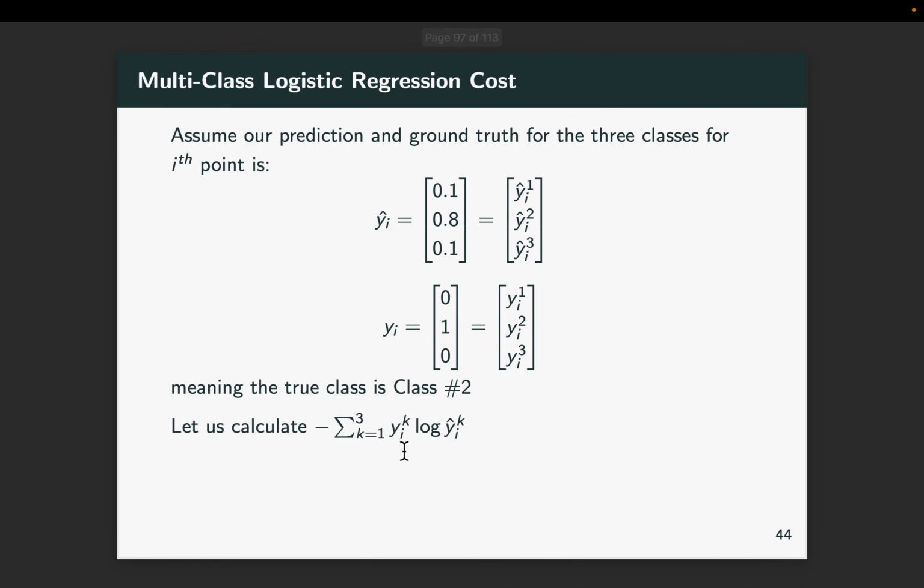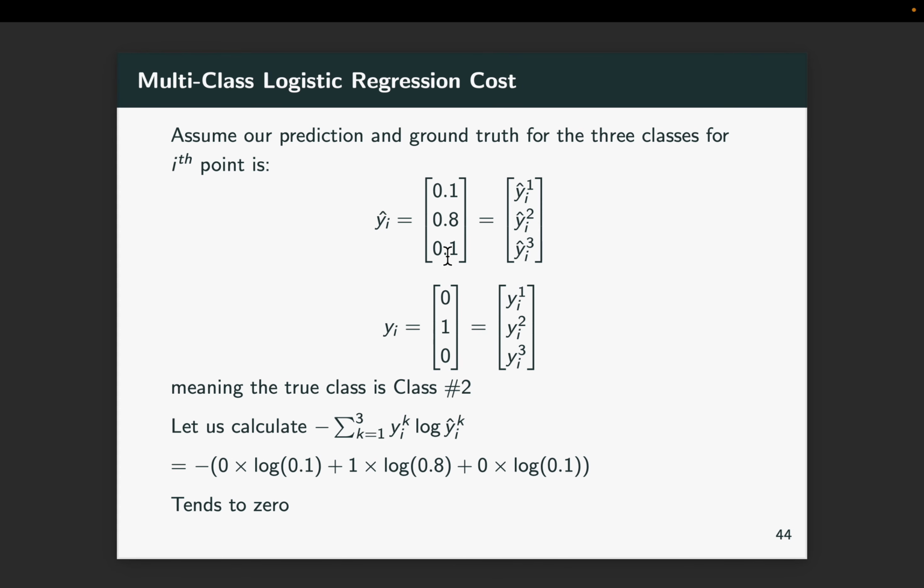Now if we look at this expression, minus summation k equal to 1 to 3 of yi k log yi hat k, it's not raised to the power, this is just telling the kth element. If we calculate, we get 0 into log 0.1, 1 into log 0.8, and 0 into log 0.1, which will turn out to be a very small number.